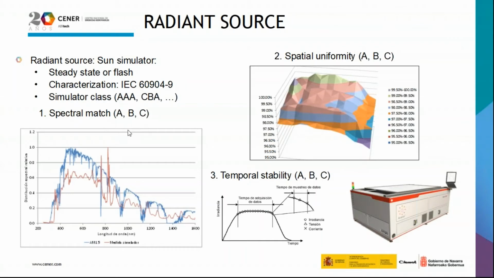It can be A, B, or C. This means how close your spectral distribution is to the spectral distribution standardized for the sun. The second letter is related to the spatial uniformity. In every point of the test plane, you have to have the same amount of light. And the third letter is related to temporal stability. So along the duration of the measurement, the amount of light has to be the same.